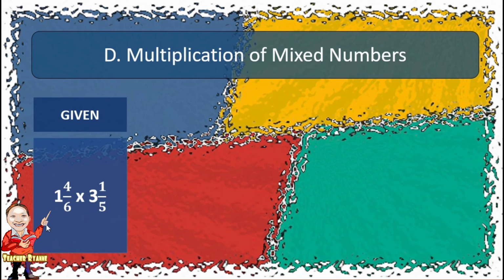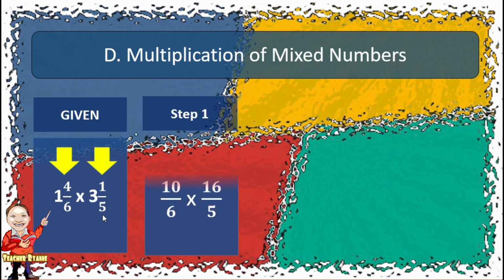First, let's convert 1 and 4 over 6. 6 times 1 is 6 plus 4, so 10 and copy 6. So 1 and 4 over 6 becomes 10 over 6. While for 3 and 1 over 5, 5 times 3 is 15 plus 1 is 16. 16 over 5. So we will have 10 over 6 and 16 over 5.